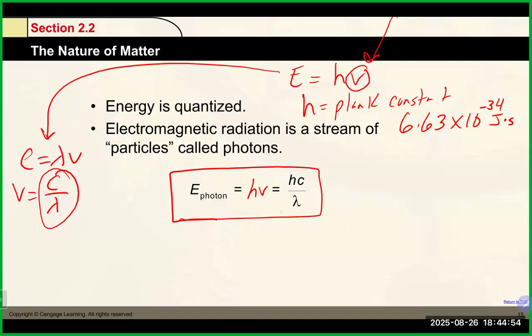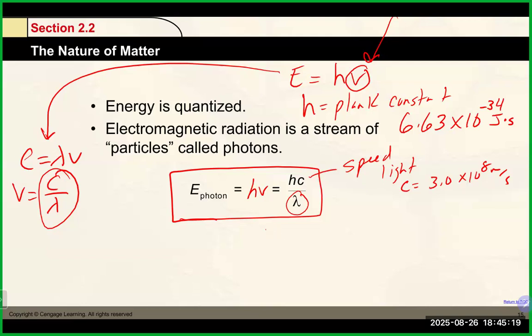So if you know the wavelength, you can also figure out the energy associated with it, as h is Planck's constant and c is still our speed of light. It gives you a few different ways to calculate that energy. Again, if you know the frequency or the wavelength of that photon of light, you can put it into this equation and get it.